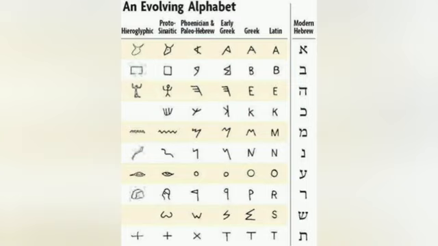And moreover, we see that the Phoenicians would then take the Canaanite letters and phoenicize them for their own usage. And now you get the Phoenician alphabet. And from the Phoenicians, we move to the early Greek, and you can see the early Greek is starting to look like capital letters of today.